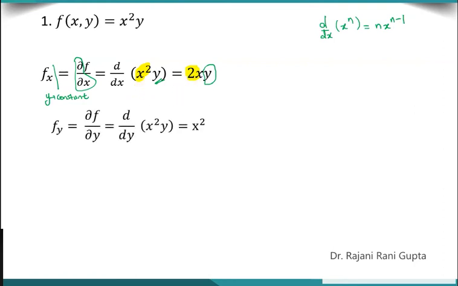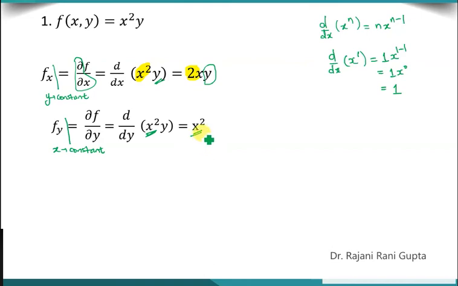Similarly, when we want to find the partial derivative with respect to y, we consider x as a constant. So when we are differentiating, x square is a constant, so we keep it. And we know that if we apply this rule for n equal to 1, what will it give? 1 x to the power 1 minus 1, that is 1 x power 0, which is 1.